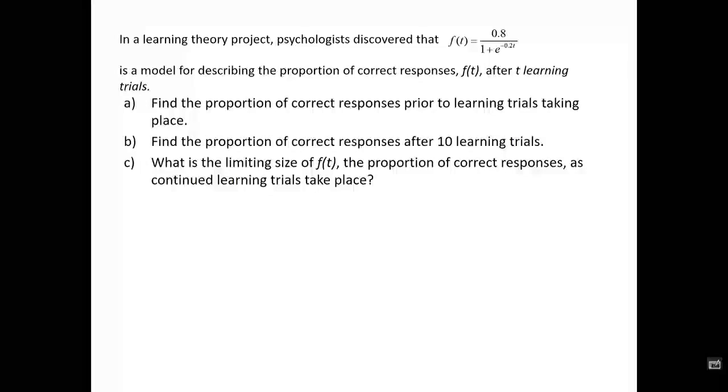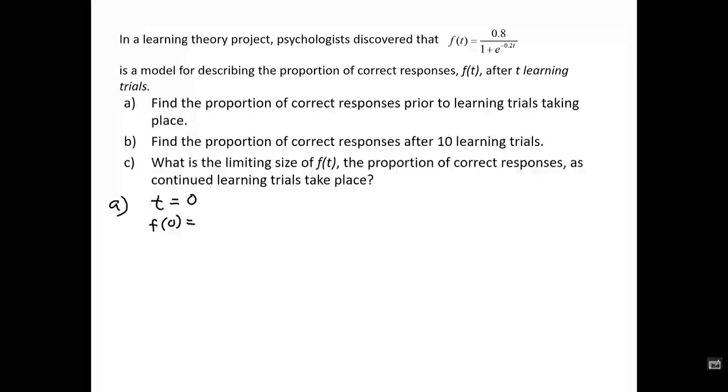All right, so in part A, we know that the time prior to learning trials corresponds to time 0. So t is equal to 0. So in other words, we need to find f of 0.